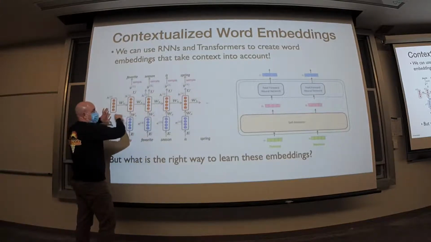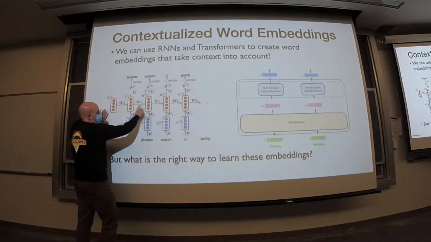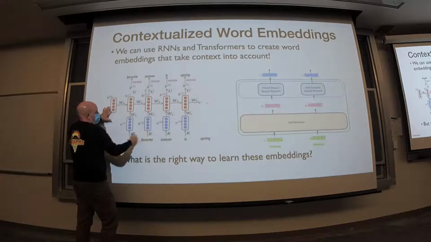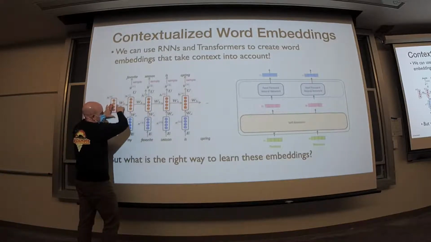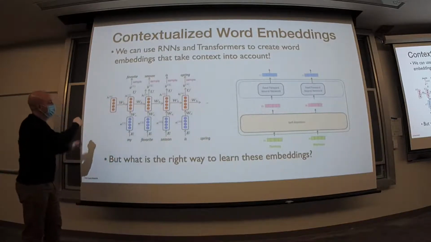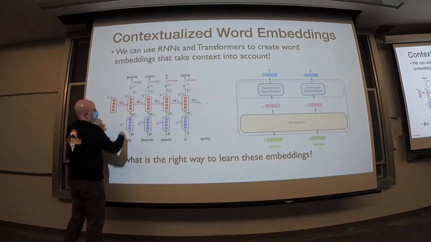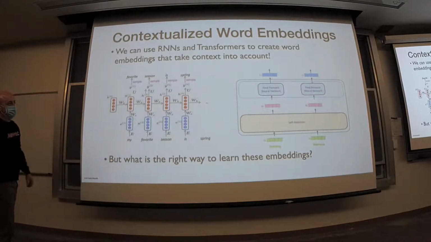Notice, because of the inductive bias of recurrent neural networks, that the encoding can only depend on the things that came before it, in this very specific way of stepwise building up the context.